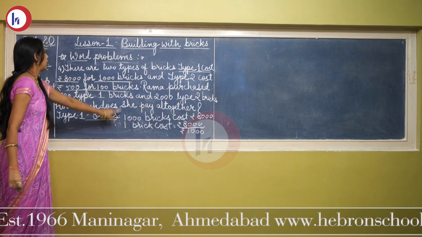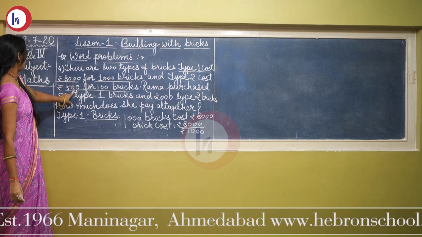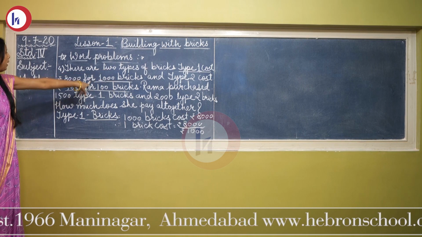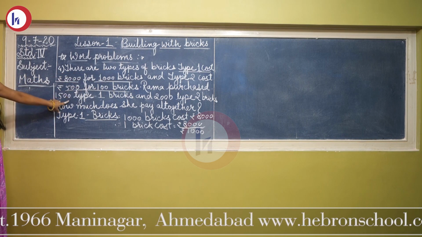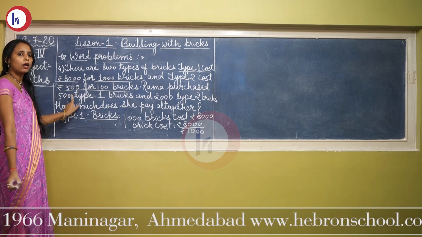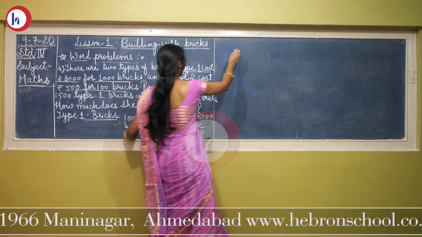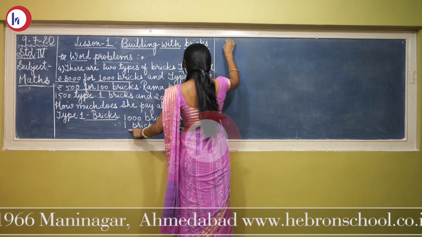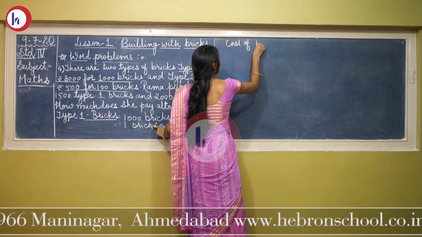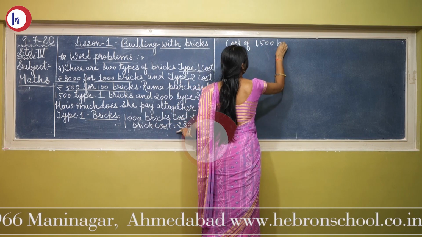Then, how many bricks did she purchase? Type 1 bricks she purchased 1,500. So we have to find out the cost of 1,500 bricks.